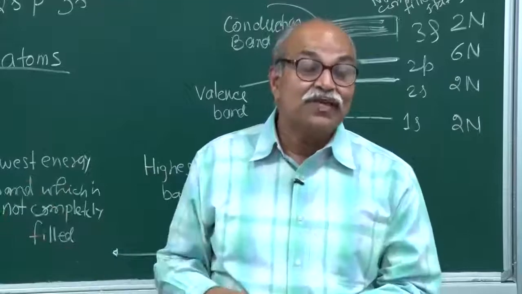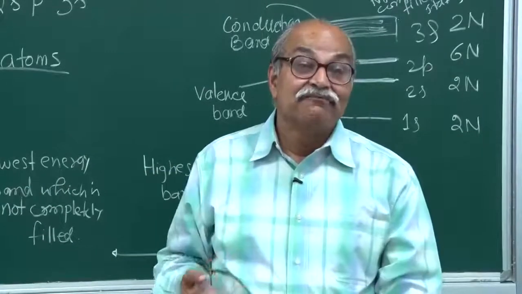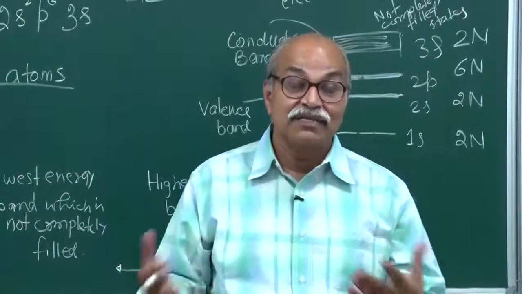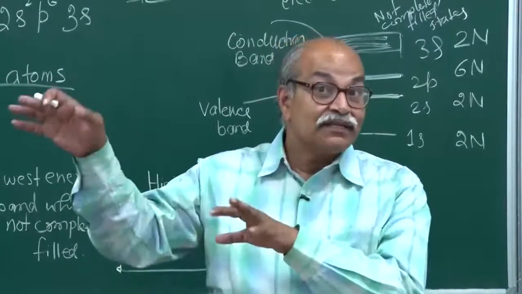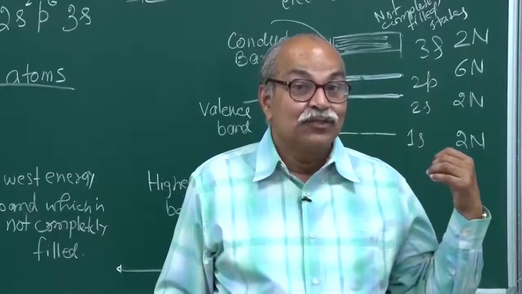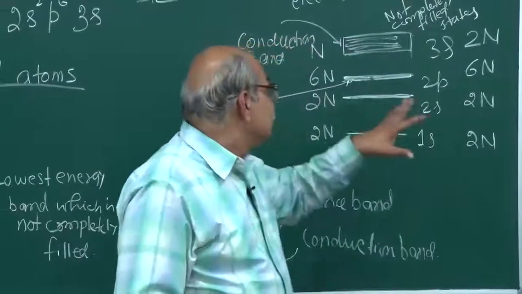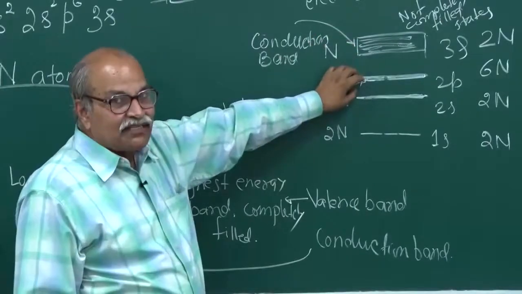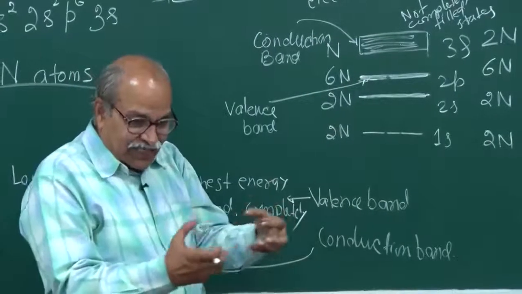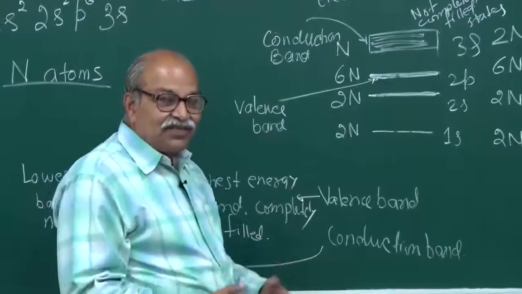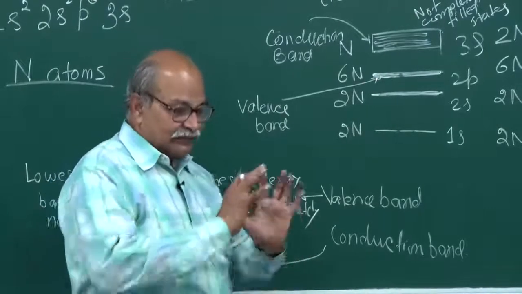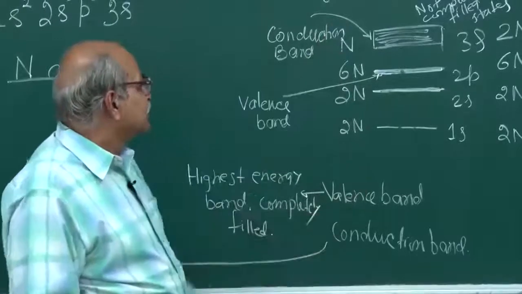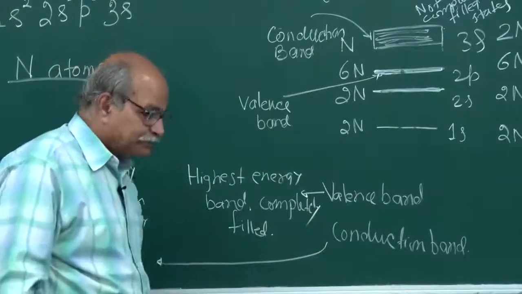That is what we mean when we say these are free electrons, free to move in the entire solid material. This is why it is called the conduction band, and below that you have the valence band. Those electrons are all attached to the nucleus, to that crystal. The wave functions are more localized. So this is how it happens.